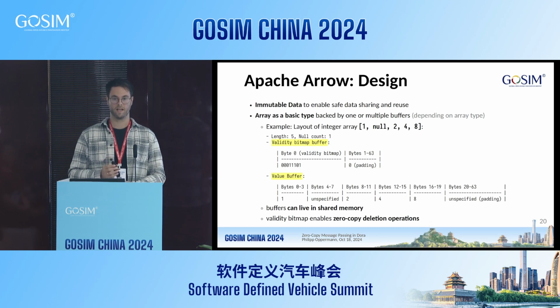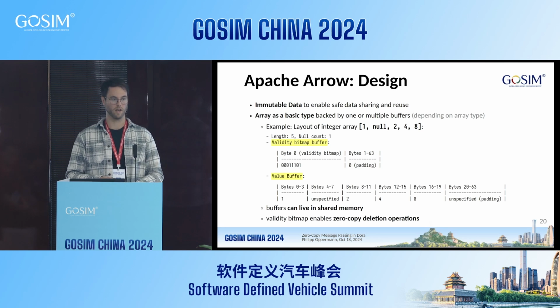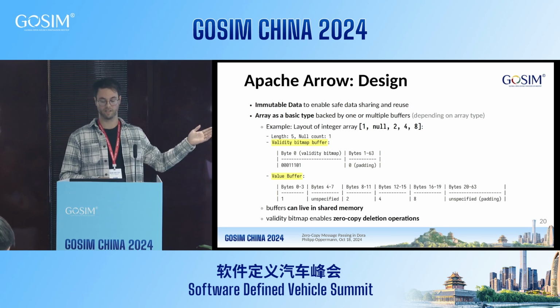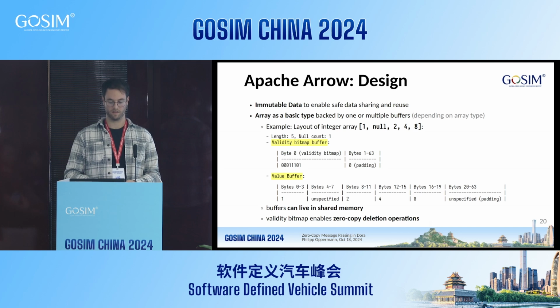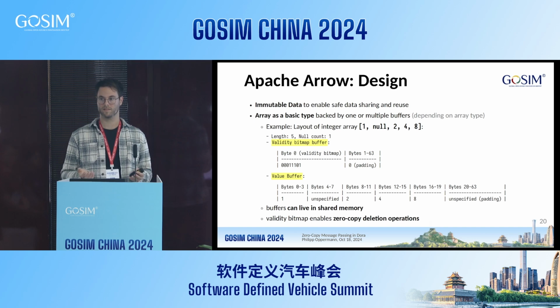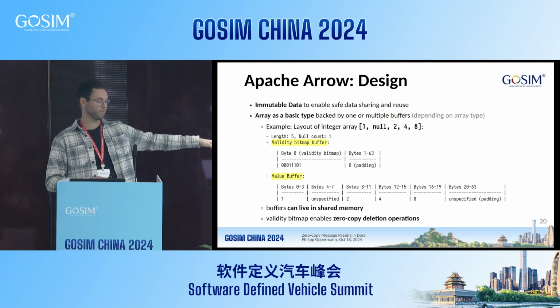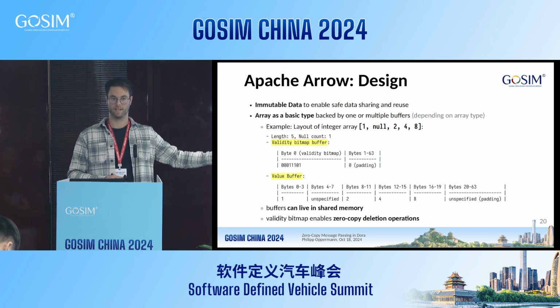The basic type in Apache Arrow is an array. Here we have an example of an integer array. We have the values 1, a null value, 2, 4, and 8. And this is represented as an array with 2 buffers. Buffers can live anywhere, so they can also live in shared memory. The value buffer, the second one, contains the actual data.